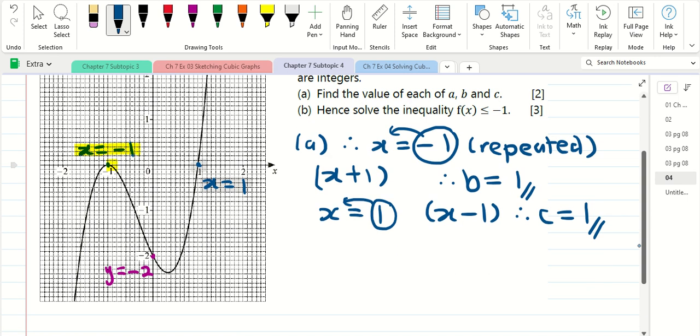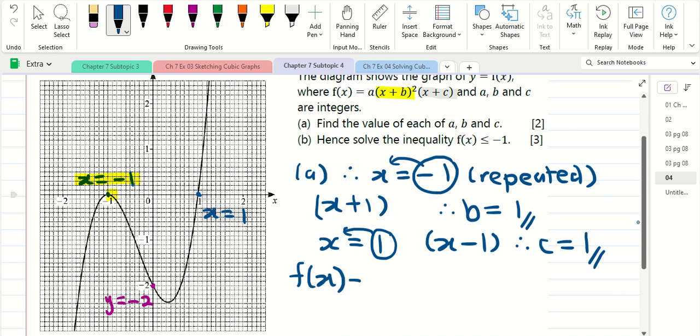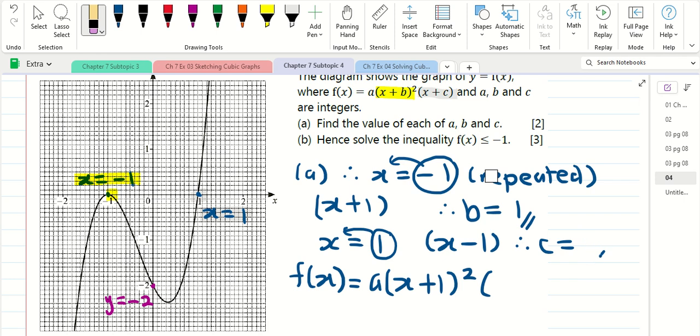So far for fx, we have a bracket x plus 1 squared, and then c is, sorry about this one, c is negative 1. So c is negative 1, so x minus 1 is on the next one.